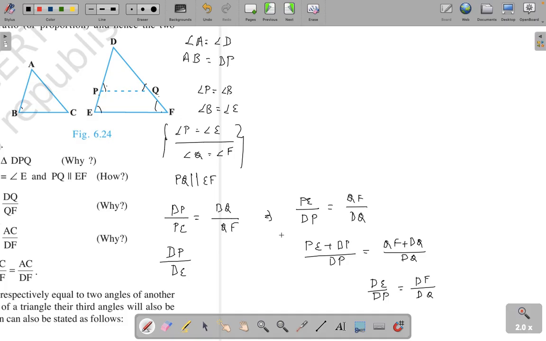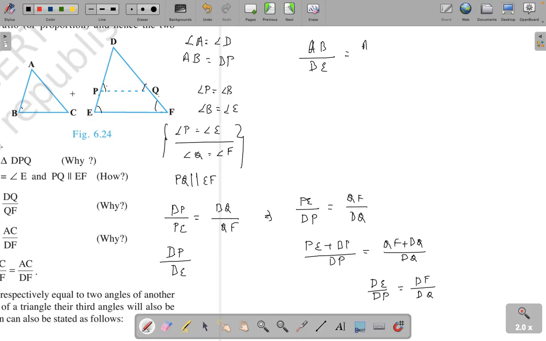Sir, but what was the use of criteria? So what we want to do is prove that the sides are proportional, right, of the two triangles. They had to prove that ABC is similar to DEF, right? So you already know A, B and C are equal.